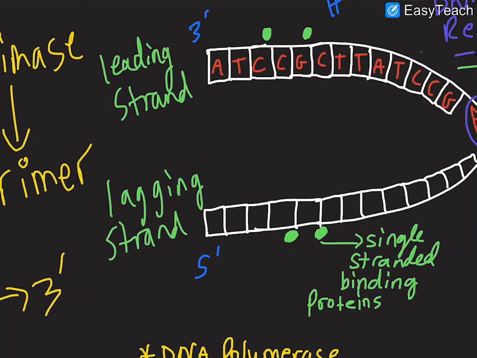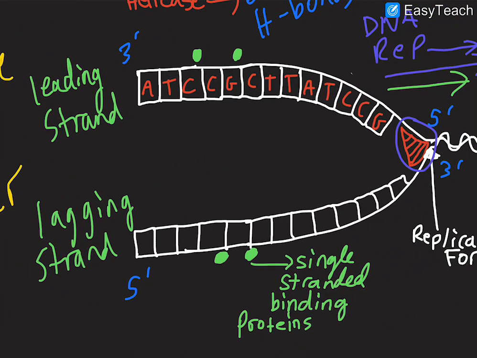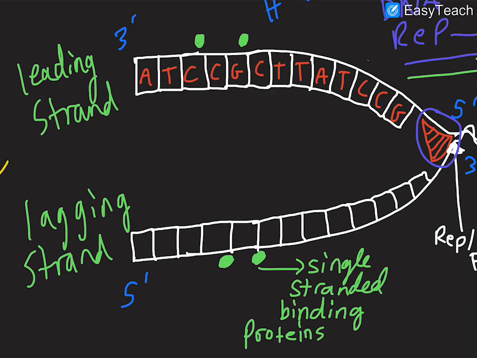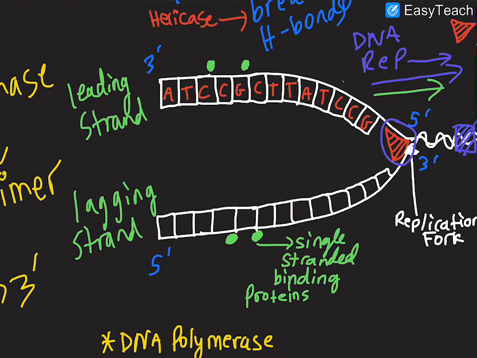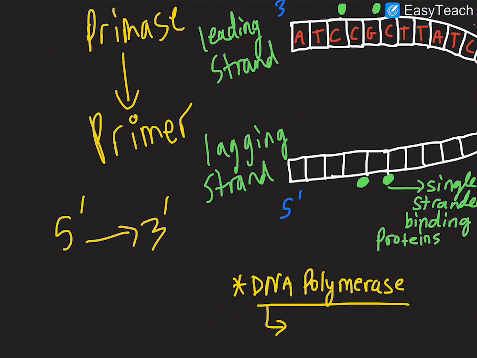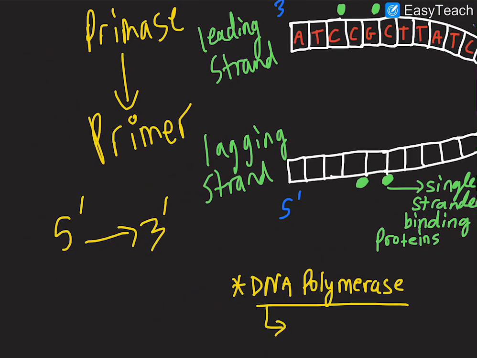Here's what that means. So we see our leading strand, right? It's 3' to 5'. So I just said in DNA replication, what we're doing is we're forming our nucleotides from the 5' to 3' direction.